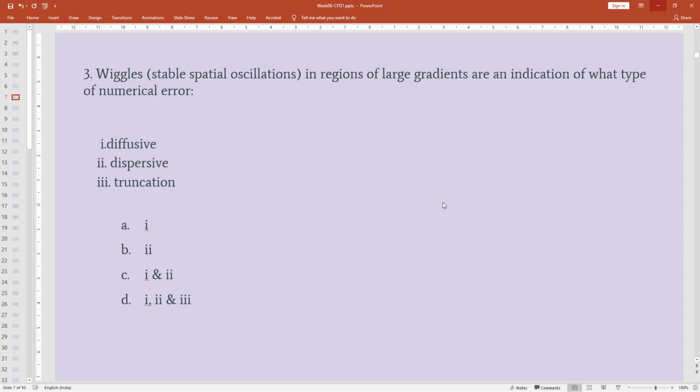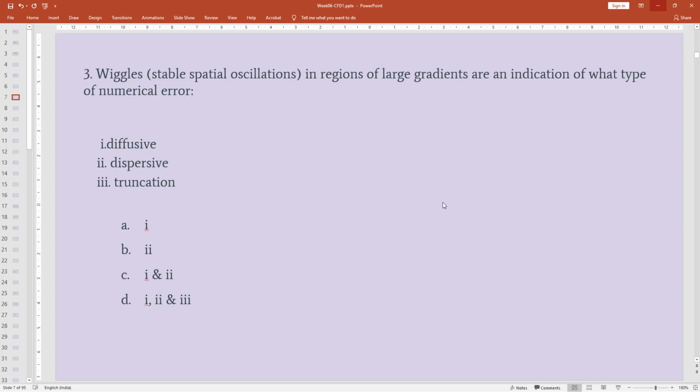Third question. Wiggles, stable spatial oscillations in the regions of large gradients, are an indication of what type of numerical error? First one diffusive, second one dispersive, third one truncation.